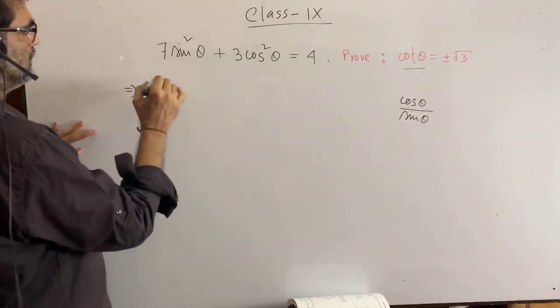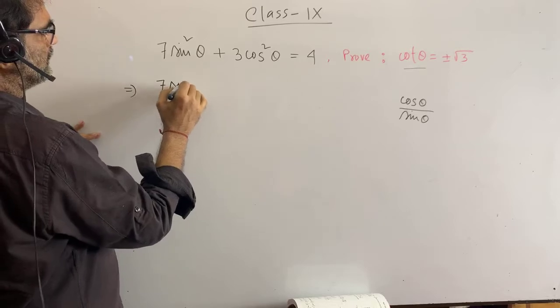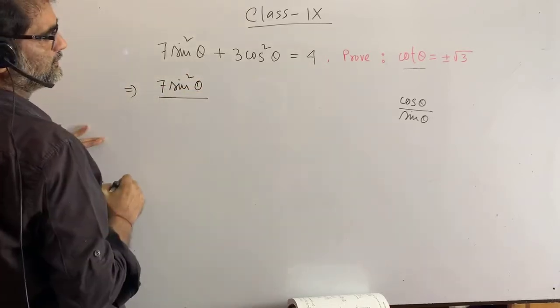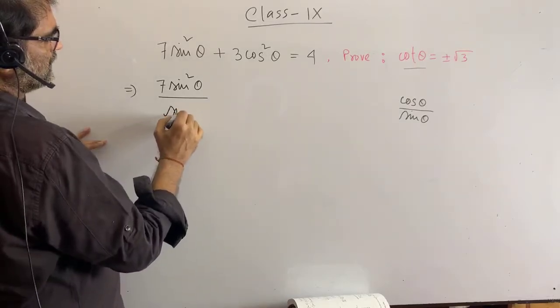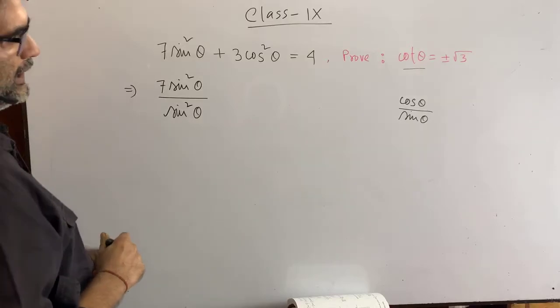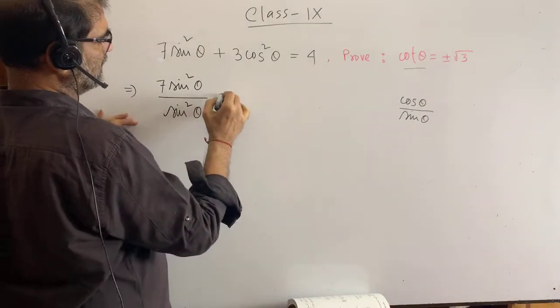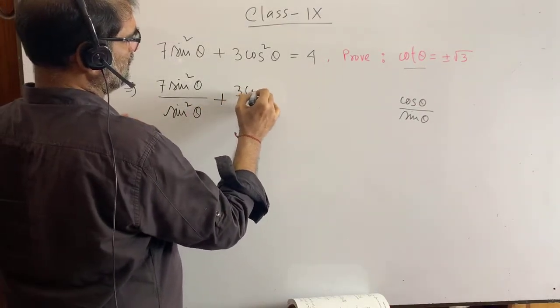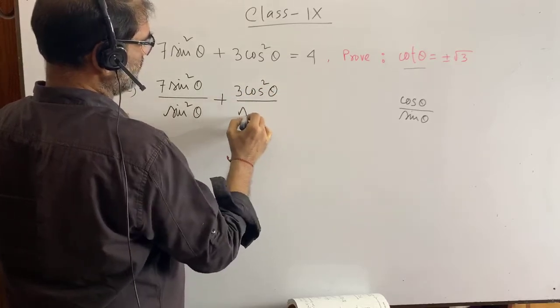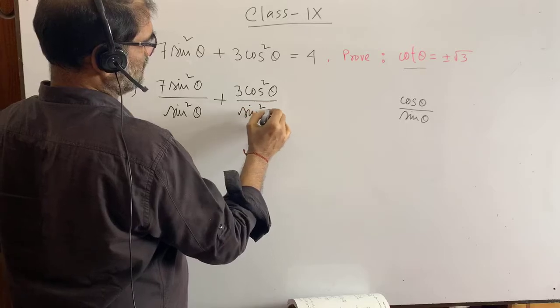Write down 7 sine square theta by sine square theta. Then 3 cos square theta by sine square theta.